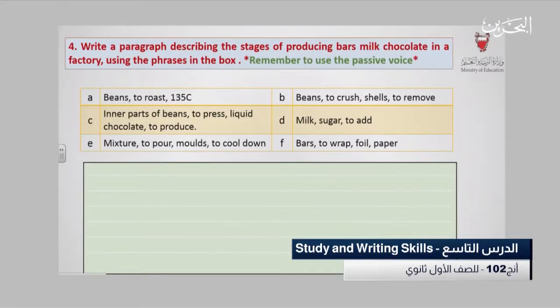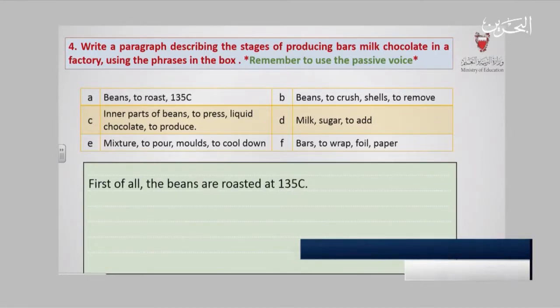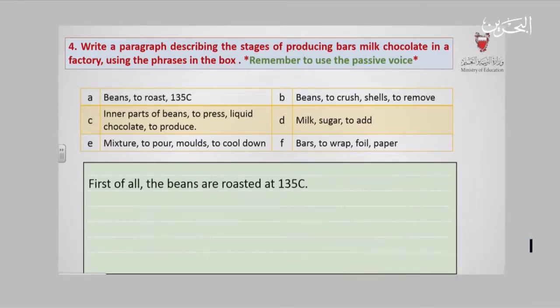I'll give you the first one as an example: First of all, the beans are roasted at 135 degrees Celsius. I'm expecting you to continue with the next. So tell me what the process is. Again, I'll give you 3 minutes.